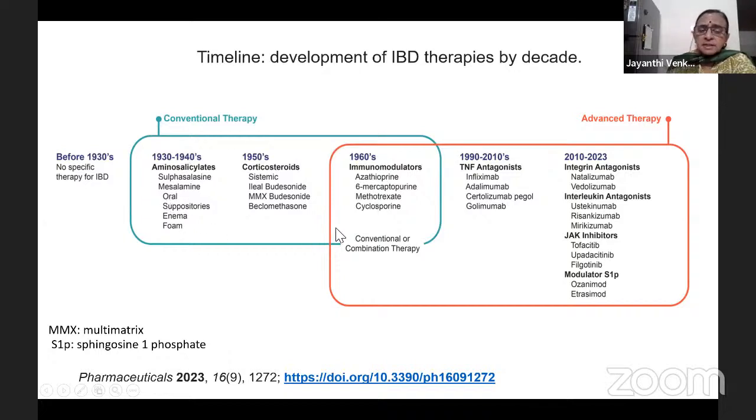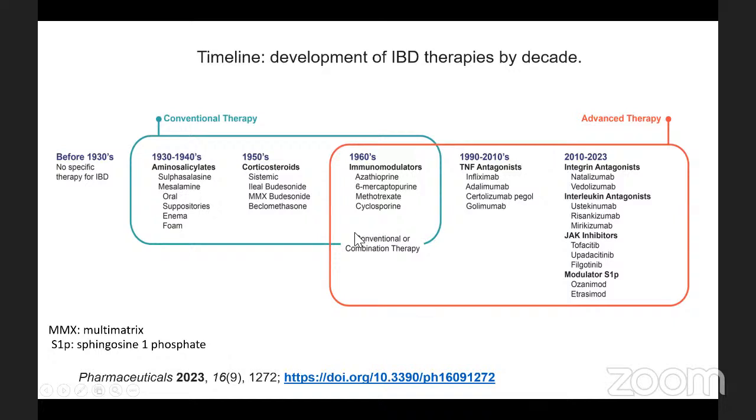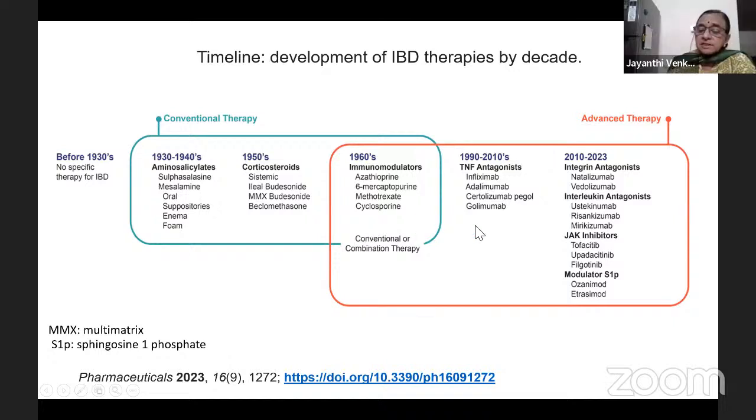And until this time, that is 1930 to 1960, these were, and even today, they constitute a major armamentarium in management of patients with IBD, along with the newer drugs that have come into the market. So the combination of conventional with existing therapy is the state of management in the present context. So for almost 40 years, from 1930 or so, we had these three drugs, which we were using for management of patients with ulcerative colitis.